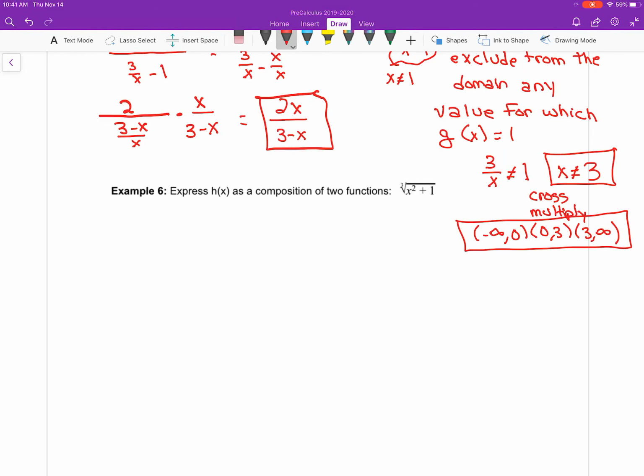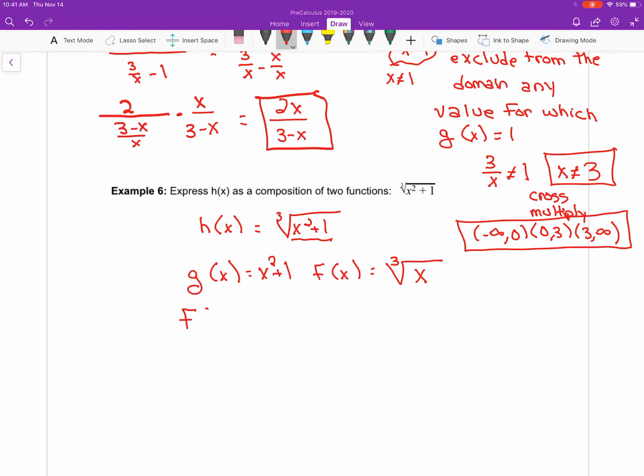The last thing is if I give you a composite function, meaning this is the cube root of x squared plus 1, what can I come up with for g of x and f of x to make this a true statement? So I kind of have one big cubic function, which is kind of the main part of this. Then I have the inside piece.